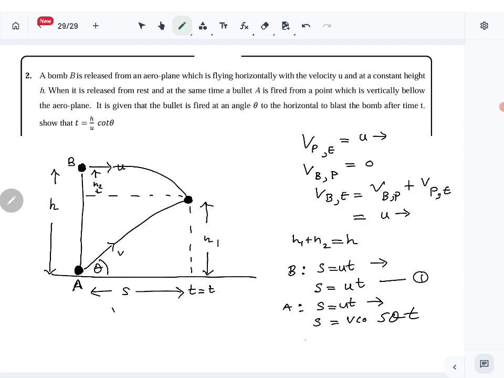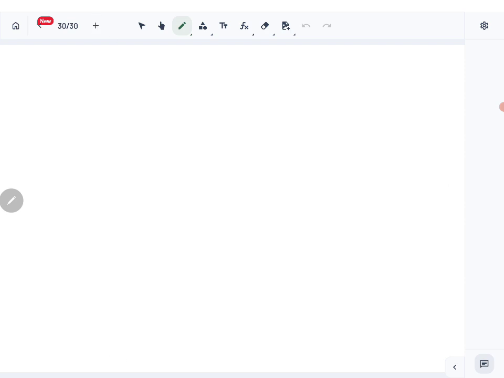Let's mark it as number 2. Then what can you do? Equate the first equation with the second equation, same displacement. So ut is equal to V cos theta t. Then we can find the expression for the velocity of the bullet: V cos theta equals u, or V equals u over cos theta, right? Let's mark it as equation 3.